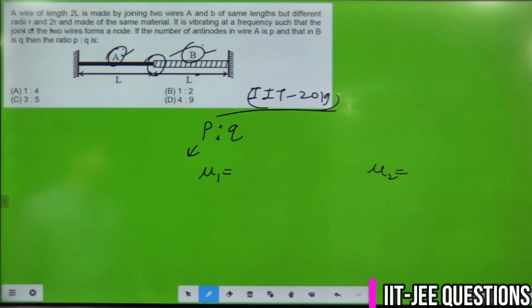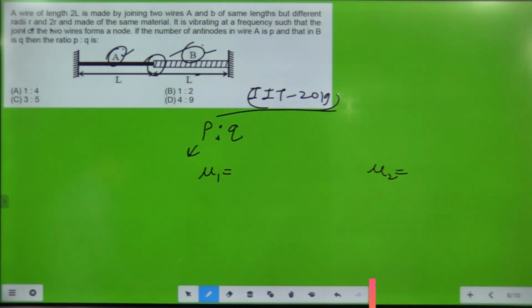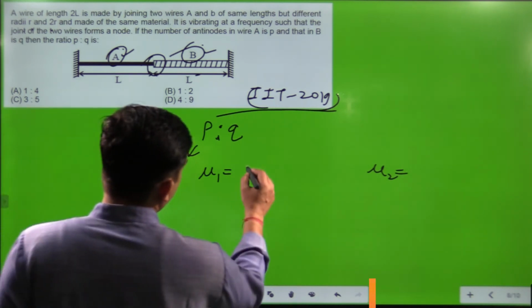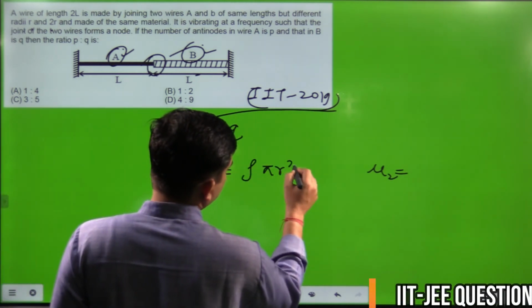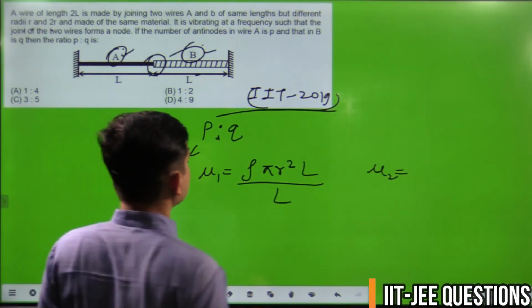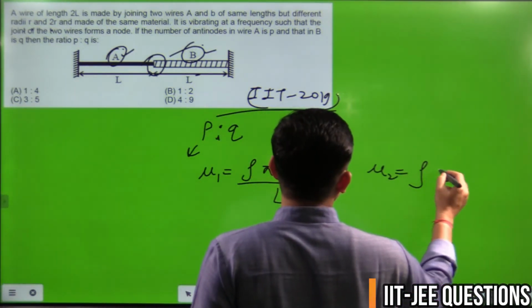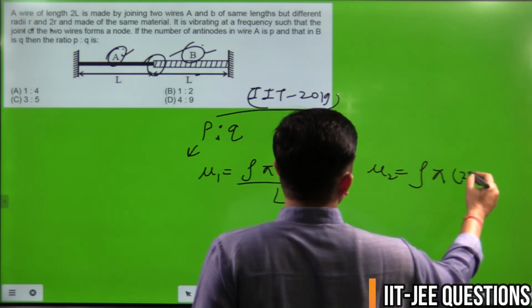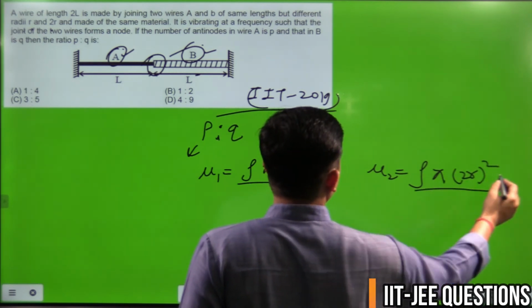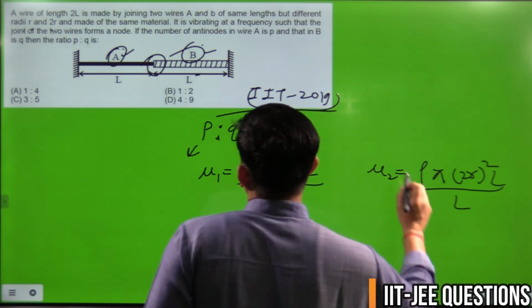The value of mu1 will be rho pi r square L by L, and mu2 is rho pi (2r) square L by L. Why 2r?